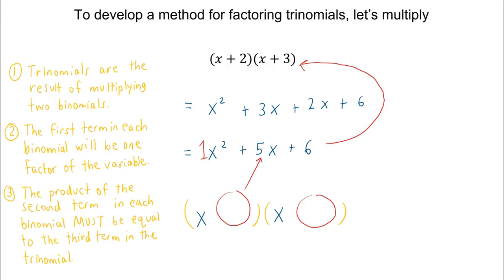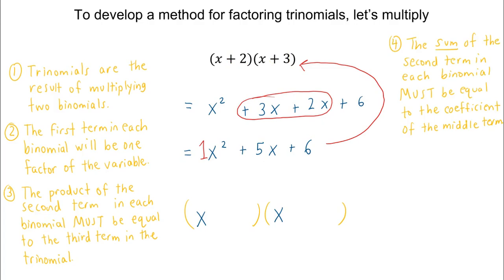So these two numbers have to multiply to get 6, but they also have to add to get 5. Because notice, when we simplified our multiplication up here, when we combined our like terms, we had a 3x plus a 2x. So 2 plus 3 gave me the 5x, but 2 times 3 also gave me the 6.